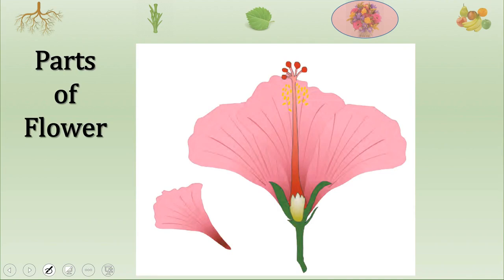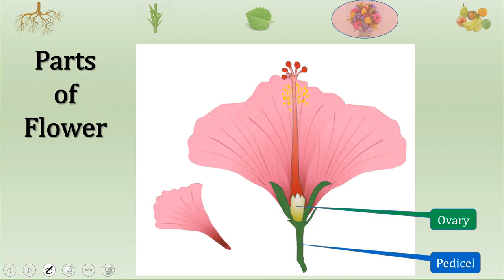Children, if you see this flower, this green part like a stem is called a pedicel, and this white part which is inside the flower is called the ovary. Next is sepal, these leaf-like structures.